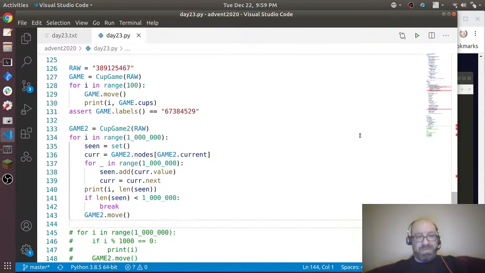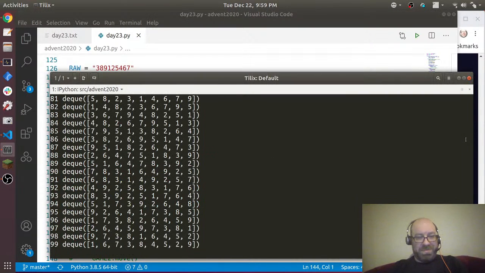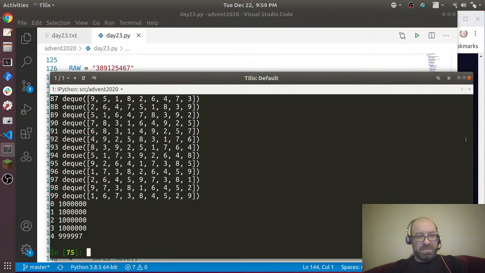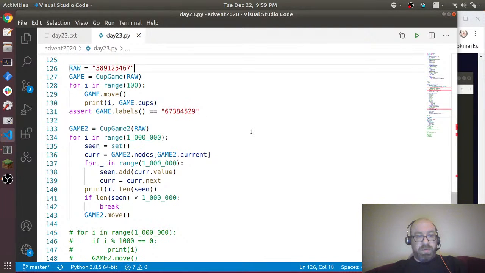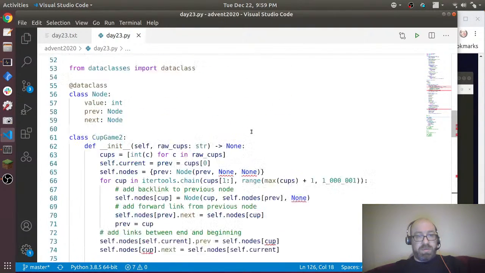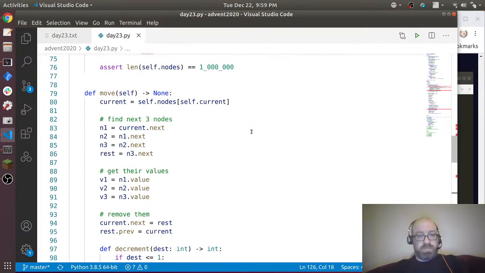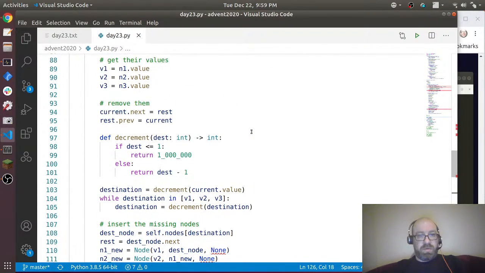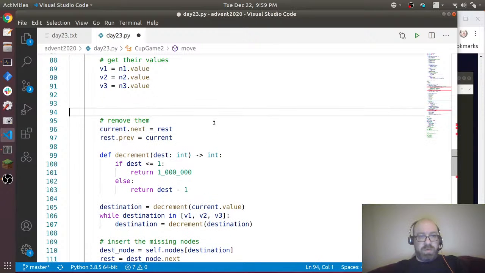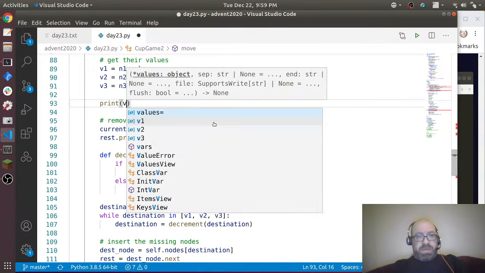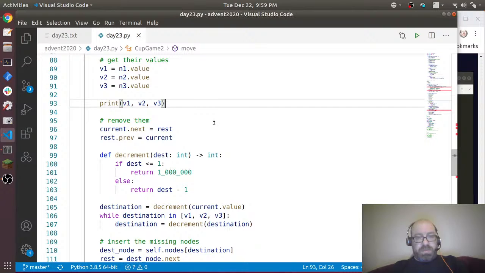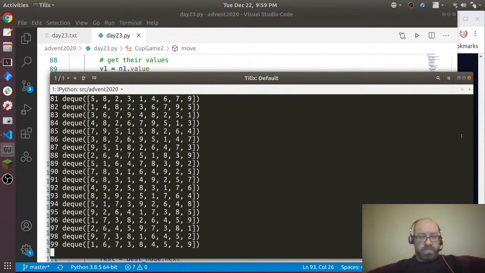I didn't do a move. That doesn't help. Okay, I didn't insert the 3, so now let's start adding debug statements and see what goes wrong.